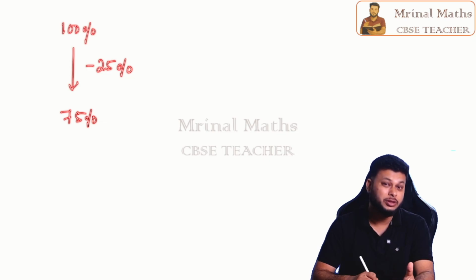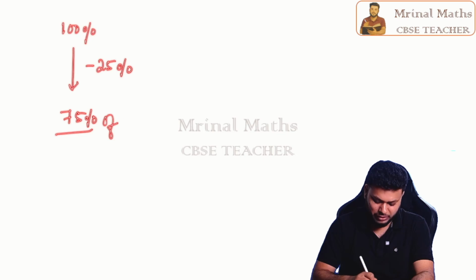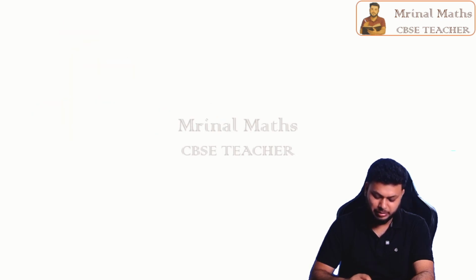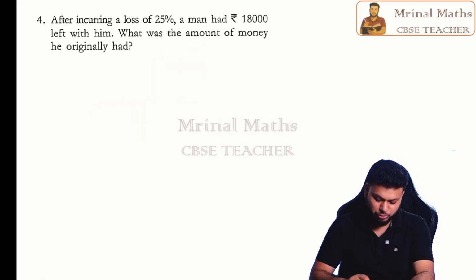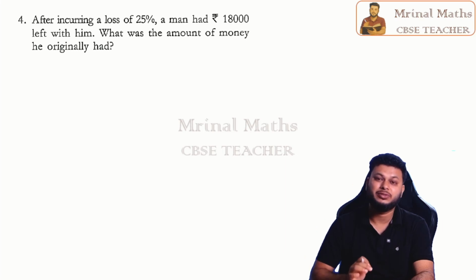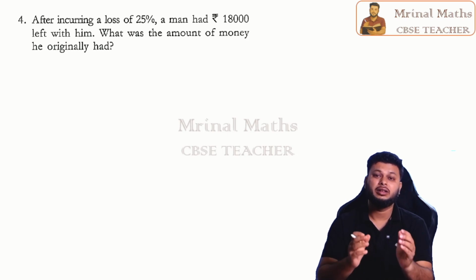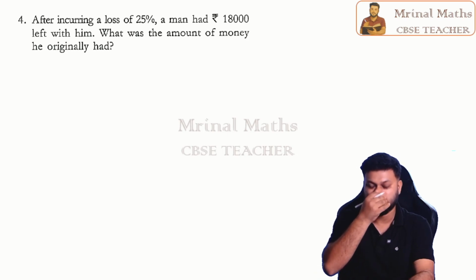Now, since we don't know the total money, I can consider 75% of the money left out of X. So, this is the remaining amount that the man has. I'm going to use this concept over here to solve this problem. But let us first consider the original value to be X, as we do not know.